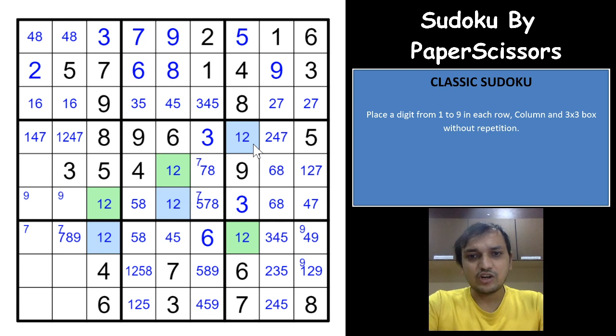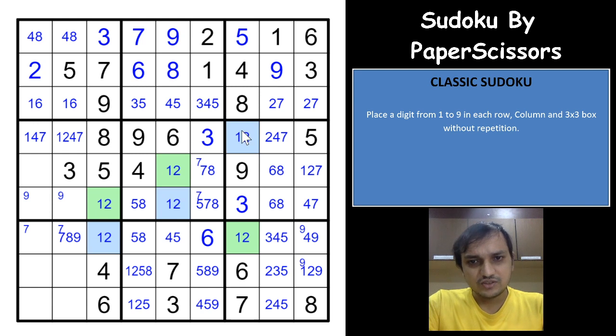So those cells cannot have 1 and 2 in those cells as the candidates, because whatever you have here will have to be opposite. Whatever you have in green cells will be opposite of blue. So if you have 1 in blue, you will have 2 in green, and if you have 2 in blue, you will have 1 in green. If I have 1 here, you will have 2 here. 1, 2, 1, 2. So all the green cells will be equal, all the blue cells will be equal.